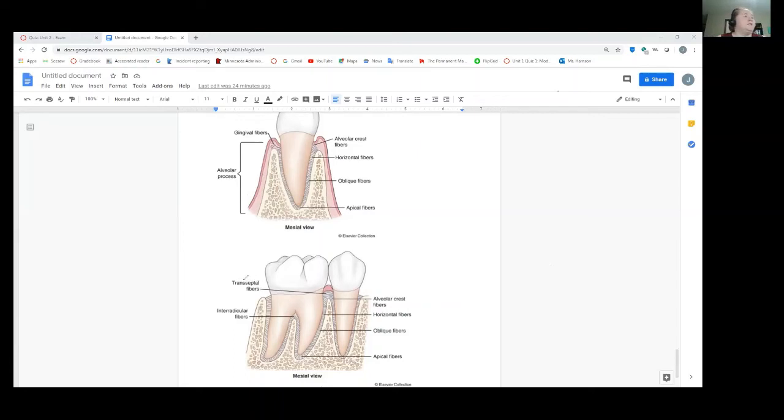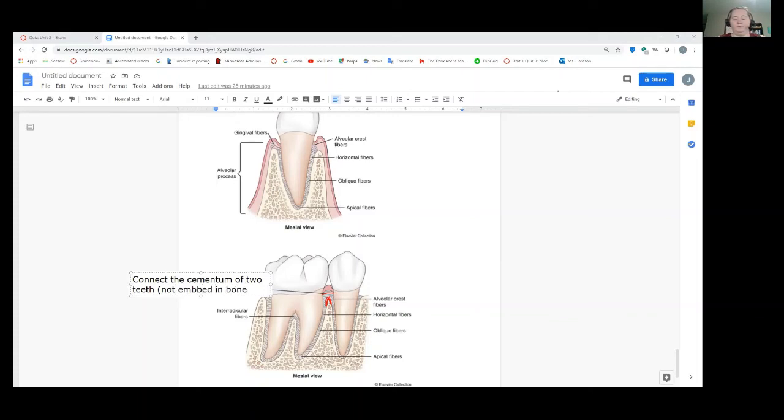So here, you're going to see these transeptal fibers. And transeptal goes across the septum. This is our septum of bone, just like you have the septum in your nose. We have the transeptal fibers, and these connect the cementum of 2 teeth. So these are not embedded in bone.